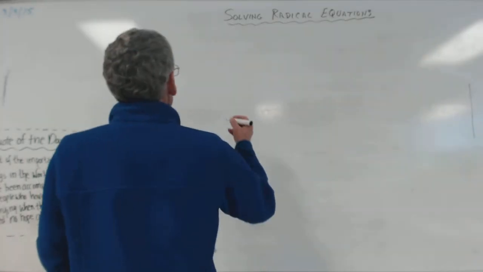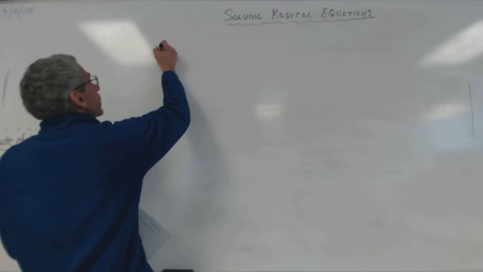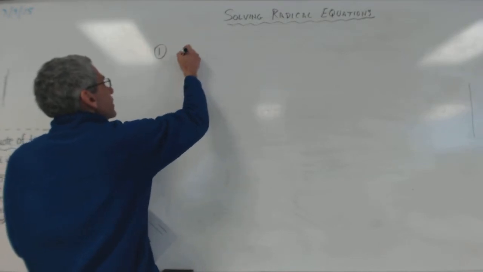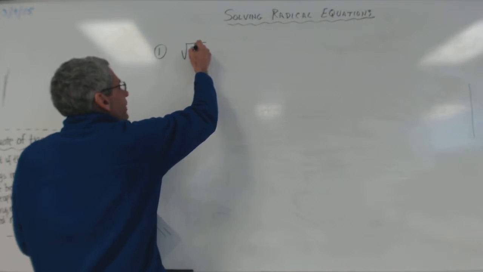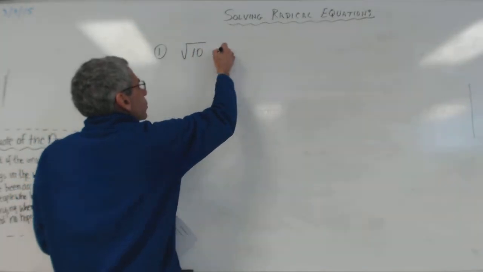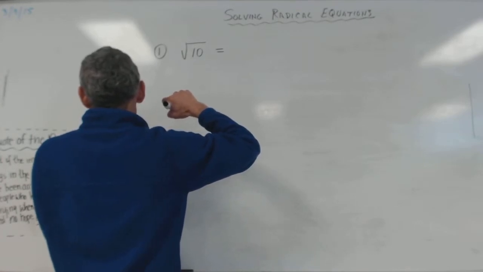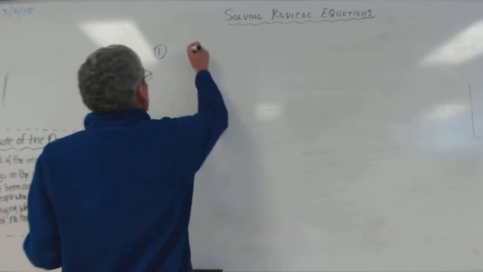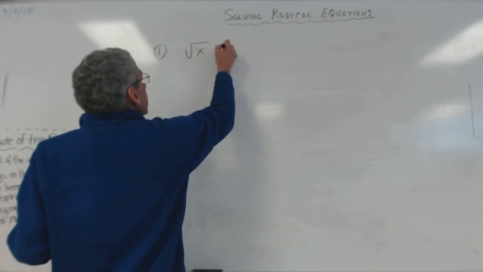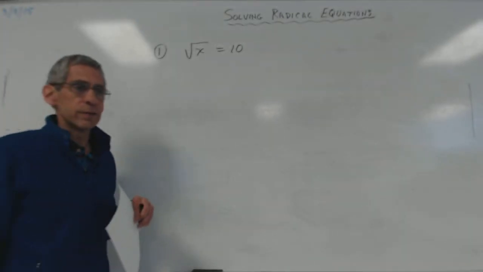What if I gave you, here's the first example. Wait, I'm sorry. Hang on. I did that backwards. The square root of x is equal to 10.